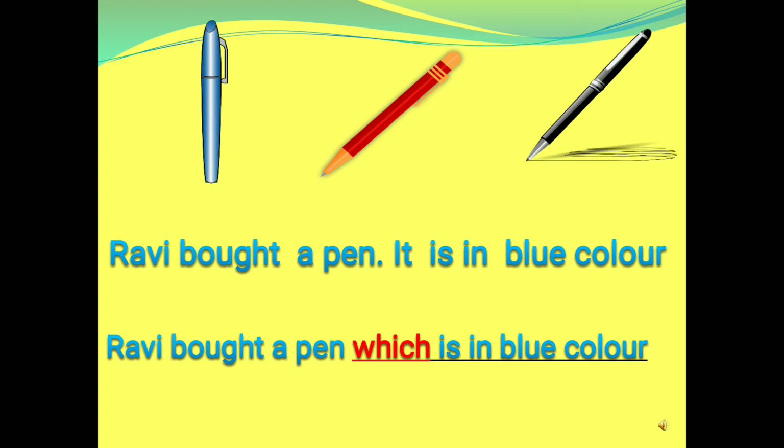Here the word it in the second sentence is replaced by the word which, and the word which represents a pen in the first sentence. Ravi bought a pen which is in blue color gives full meaning.